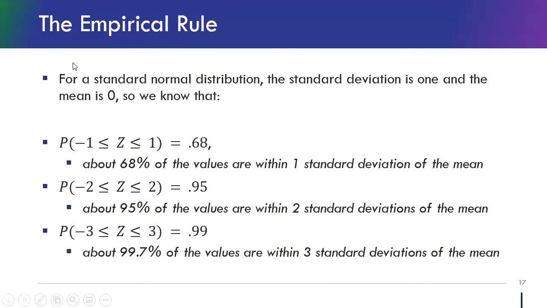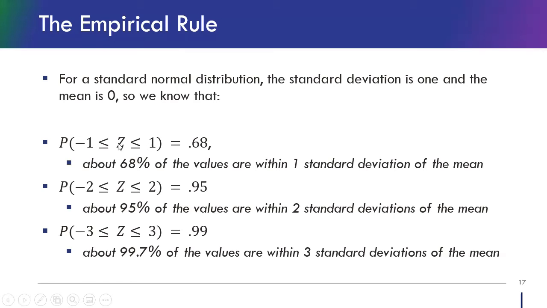Okay, and the next is the empirical rule for a standard normal distribution. I said we have only one table for this standard normal, so everything is fixed.